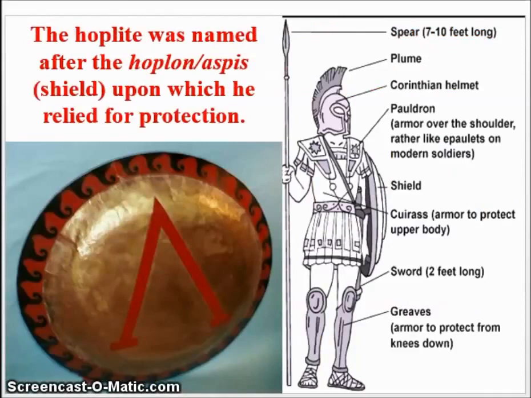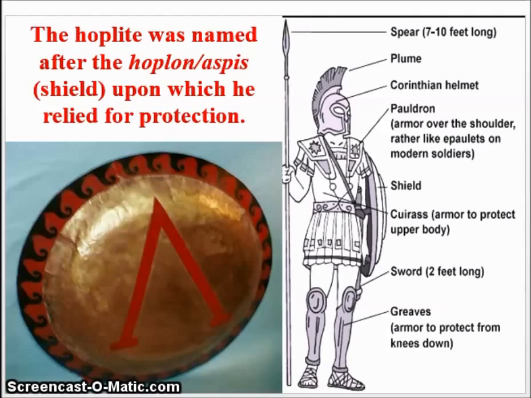The most important part of a hoplite's panoply, his gear, was the hoplon, which was a round, bronze-faced, concave shield with a very unique grip that we'll take a look at in a moment.